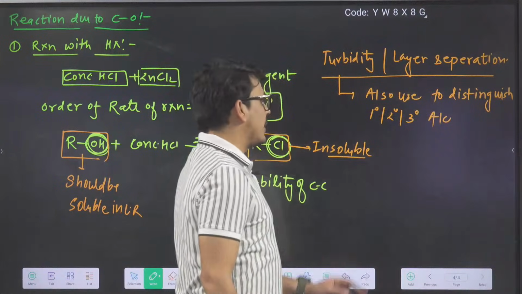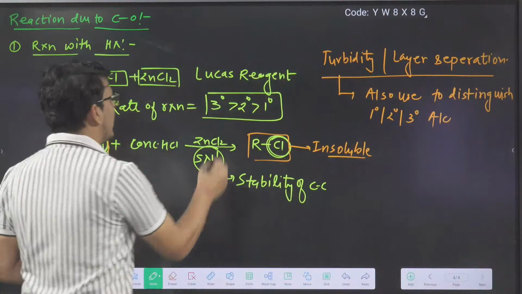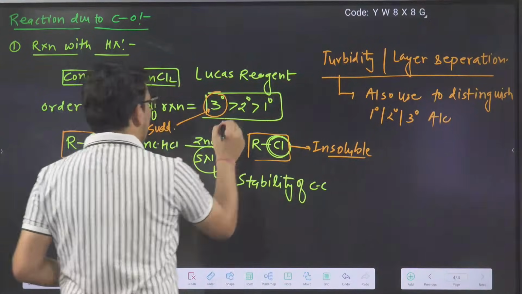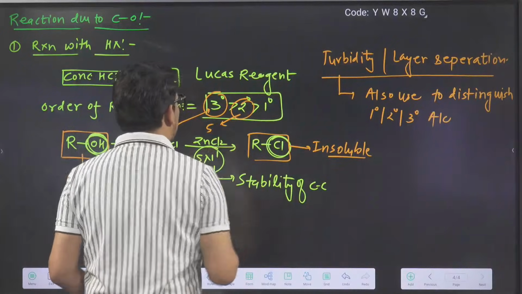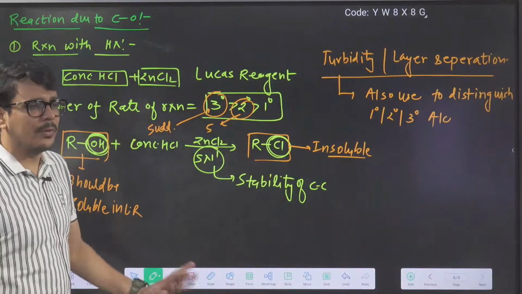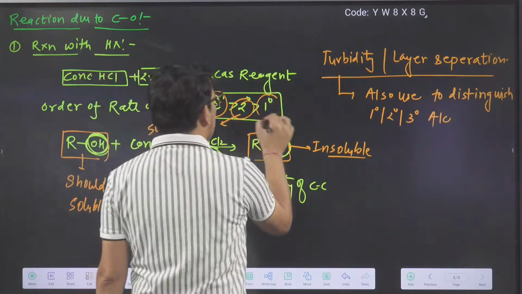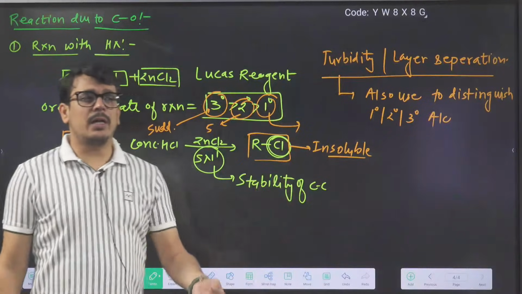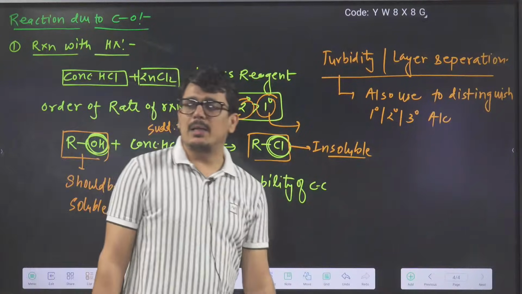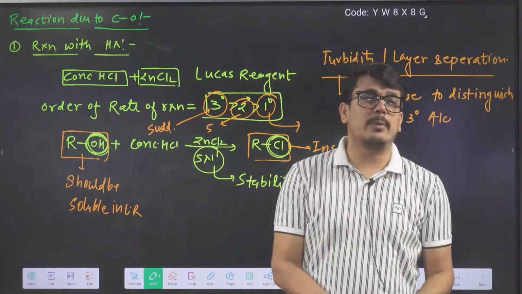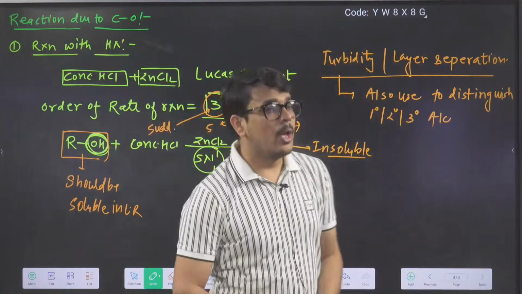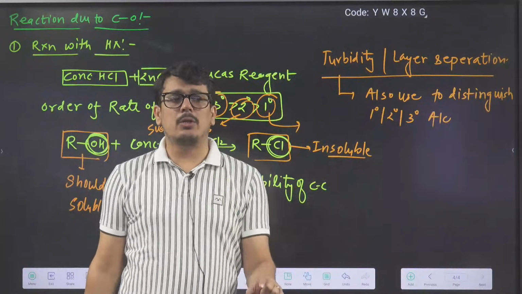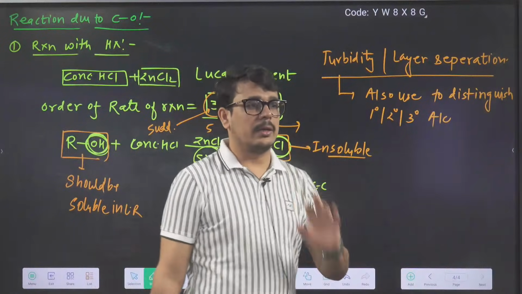Some additional statements: maybe you found that in case of 3 degree alcohol turbidity appears suddenly, but in case of 2 degree it will take roughly 5 minutes at most. And for 1 degree, many points are there. Maybe no turbidity, or maybe turbidity after a long time, or maybe turbidity appears after some heating.